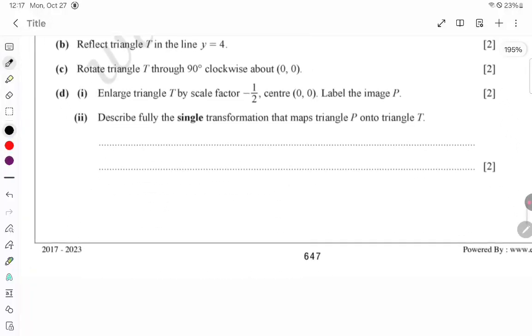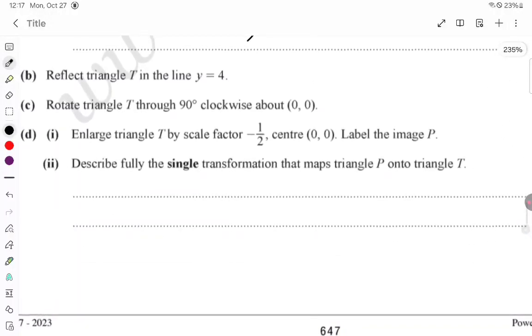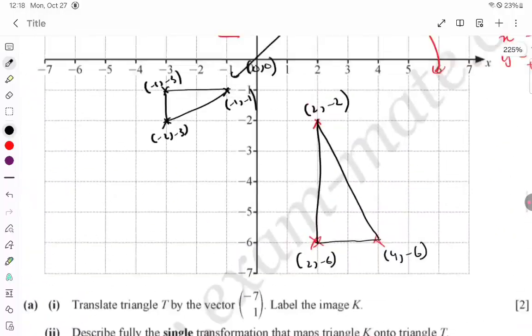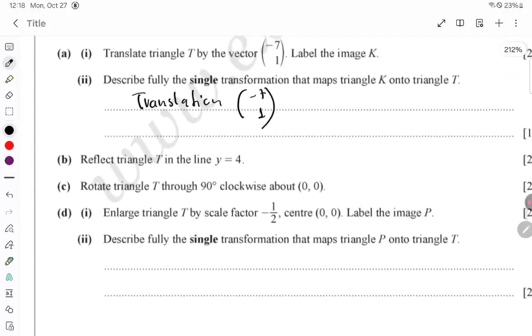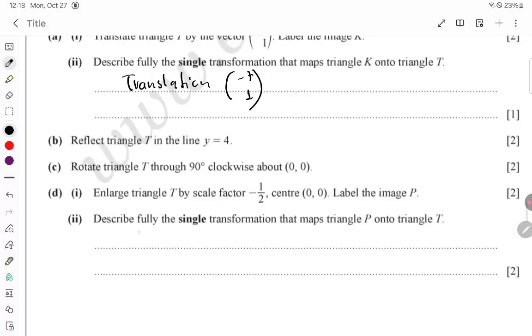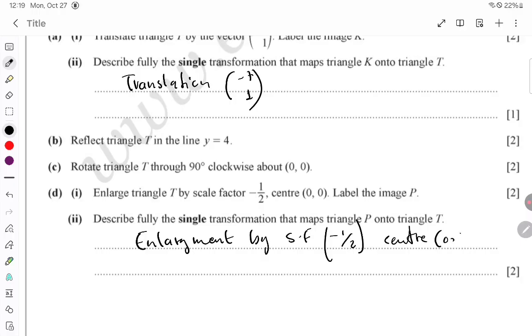And part 2 is also asking: describe fully the single transformation that maps triangle P into triangle T. This is triangle P, and what we do is simply enlarge by the scaling factor of negative half, with center 0, 0.